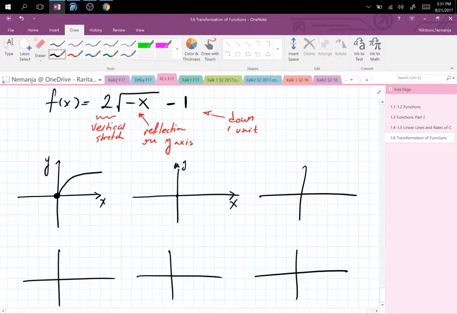So, reflecting on the y-axis, box number 2 should have this. Now, I like to write y equals root x and y equals square root of negative x, because this helps me follow which transformations I've done and which ones I still have to do.